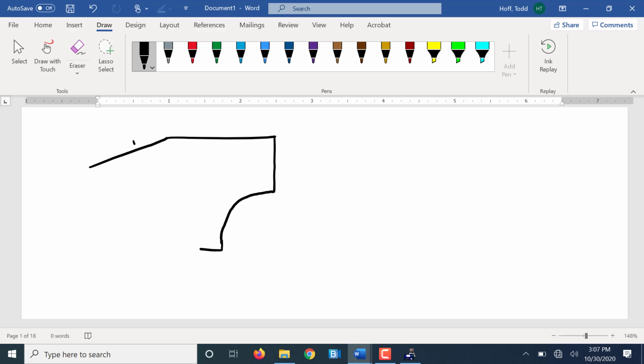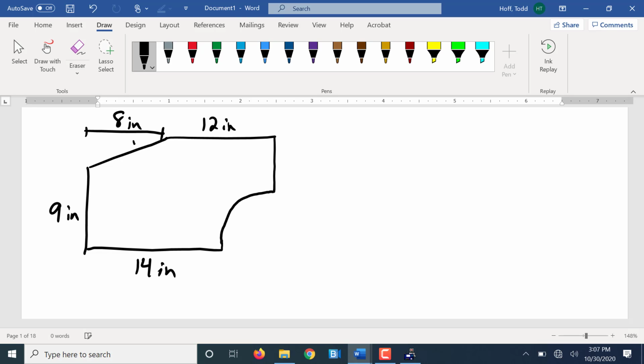Pretend that looks like a quarter circle there. So let's find the area of this.